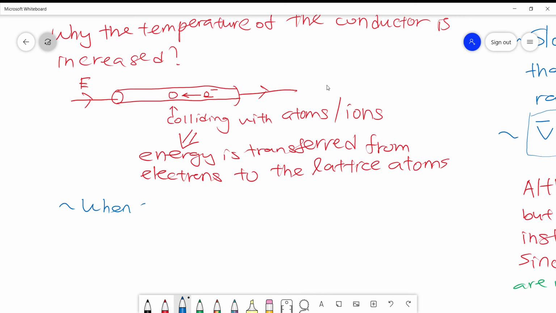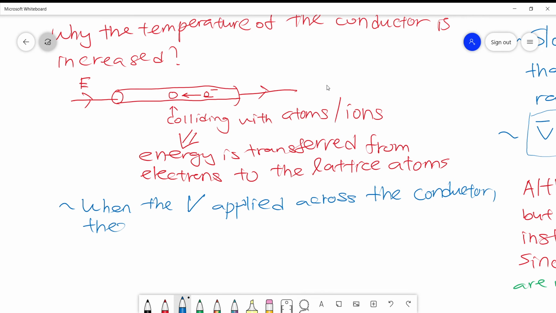When a potential difference V is applied across the conductor, these electrons collide with the lattice atoms.